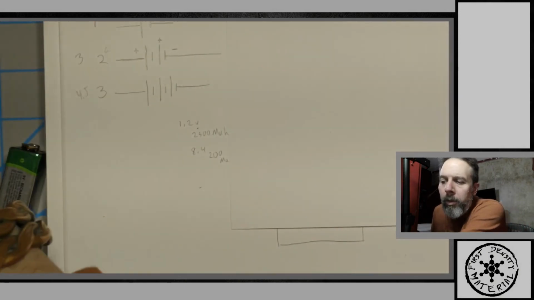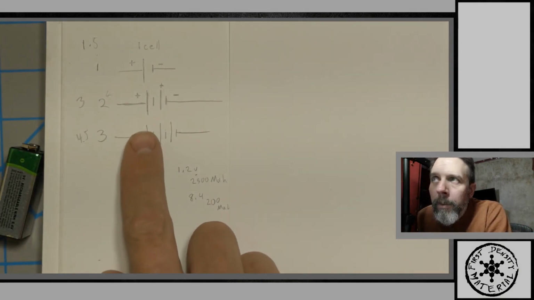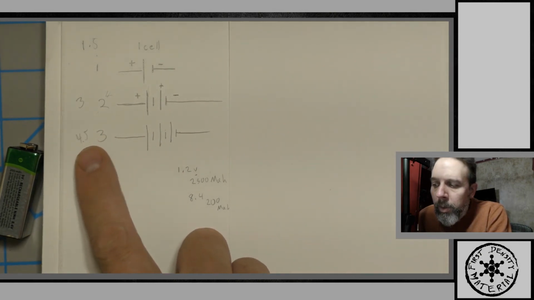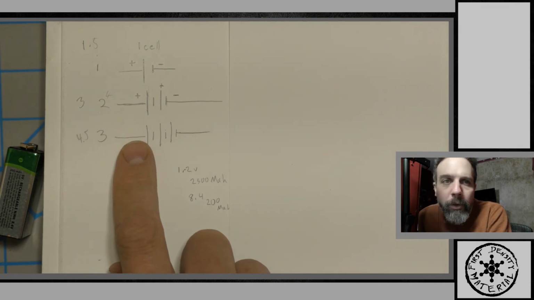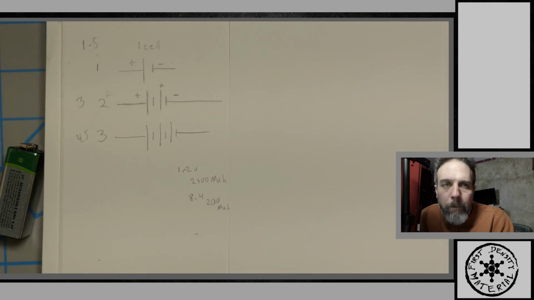But I wanted to show you this because, when we're looking at cell batteries like this, the calculation is going to be different for a rechargeable set of batteries versus a non-rechargeable set. Just wanted to point that out before we go on.